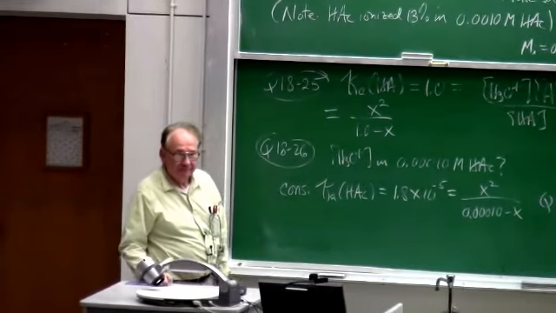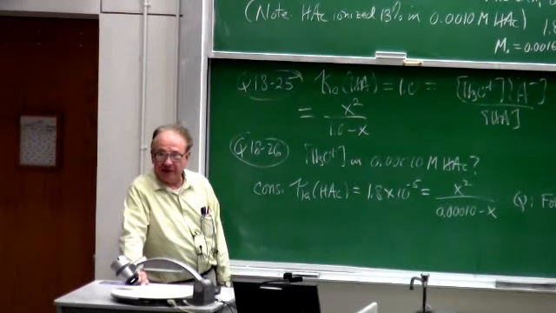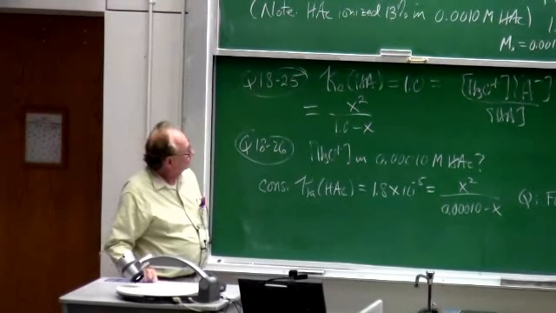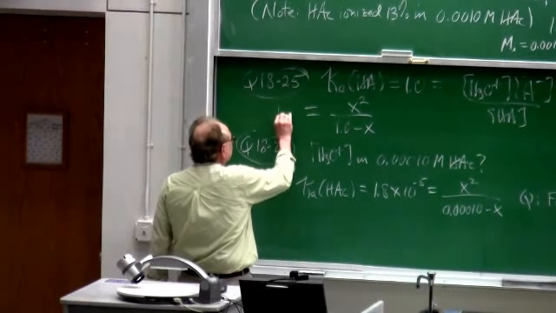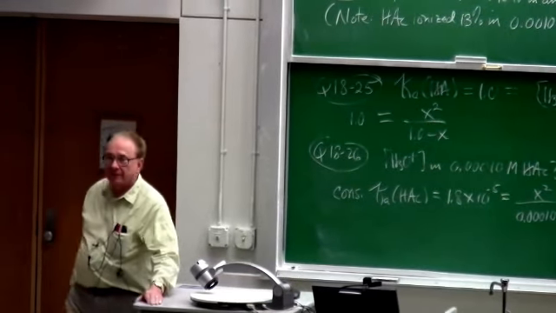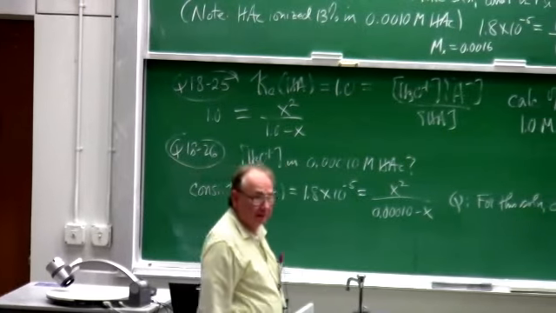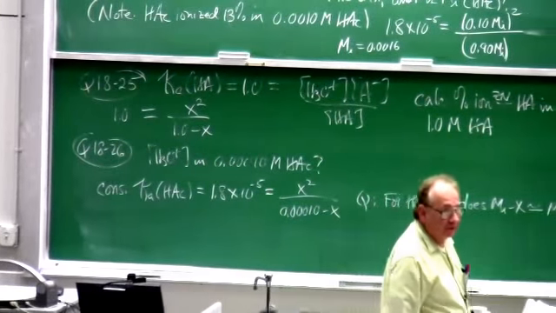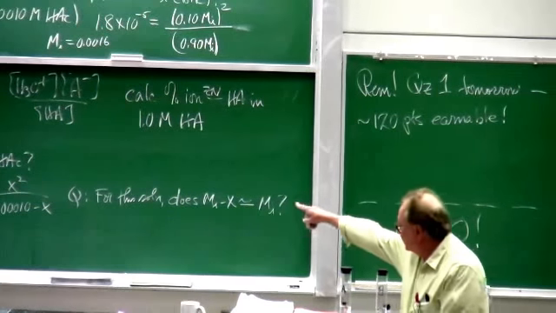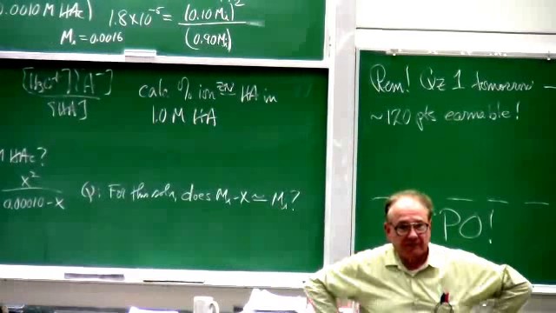Okay so far? X squared over M sub I minus x, and for this solution M sub I is 1.0. Now let this thing talk to you arithmetically. By that I mean, for this quadratic, do you or do you not believe that 1.0 minus x is equal to 1.0?